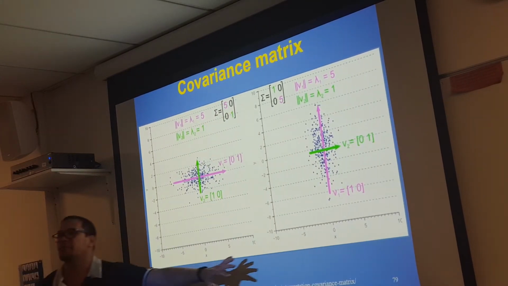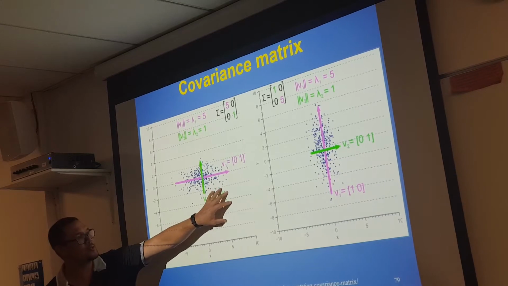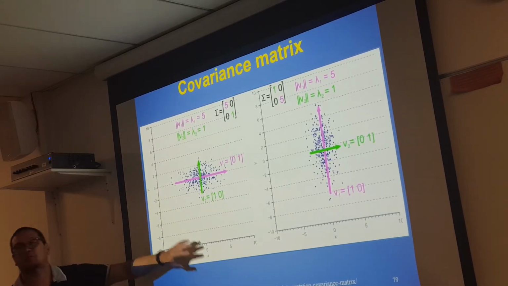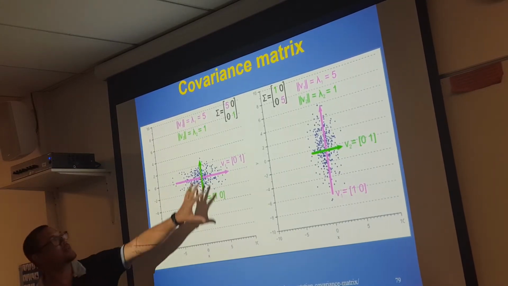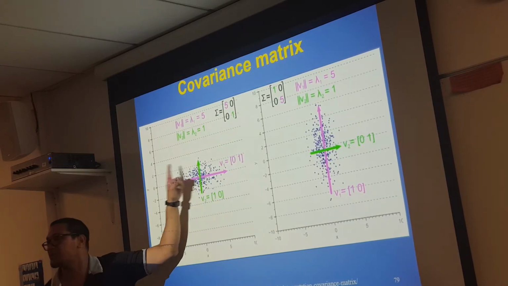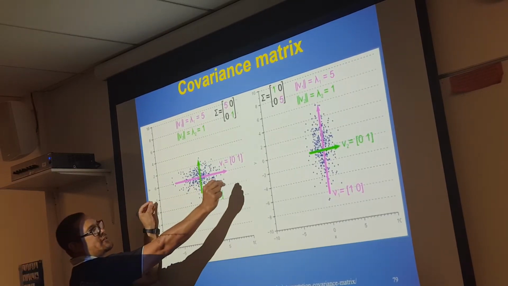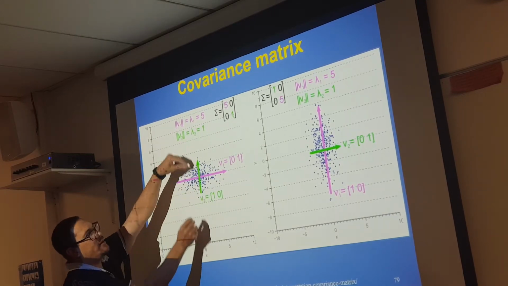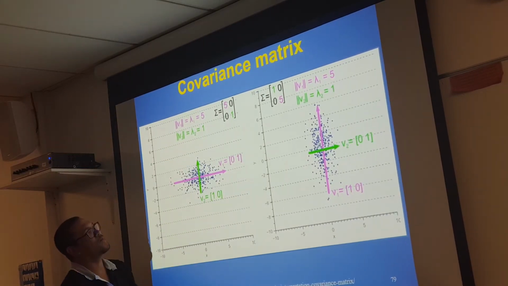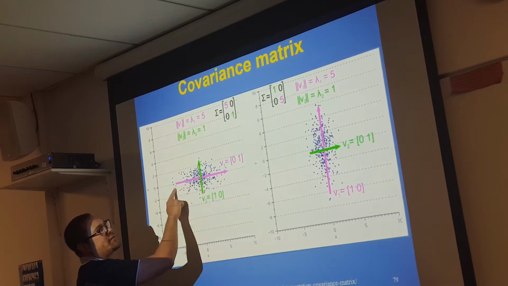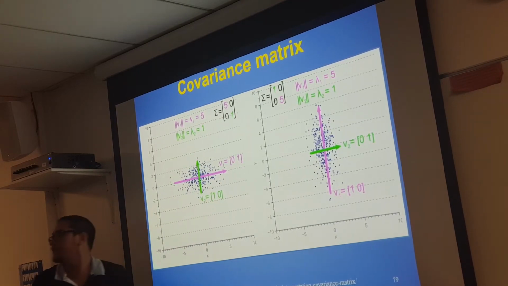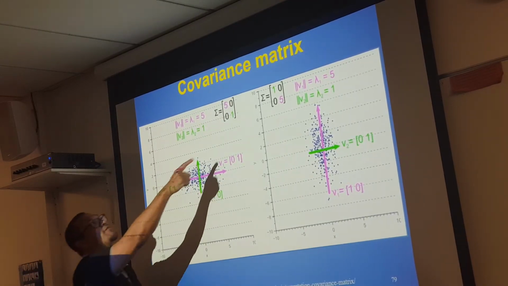Here I've got 2 examples. Both are just using 2 variables. So I've got a data cloud here denoted by the blue spots. We have an amount of variation along this variable and an amount of variation along variable 2. And we can see there's a lot more variation on this axis than there is on this one. And I can see that in my covariance matrix.